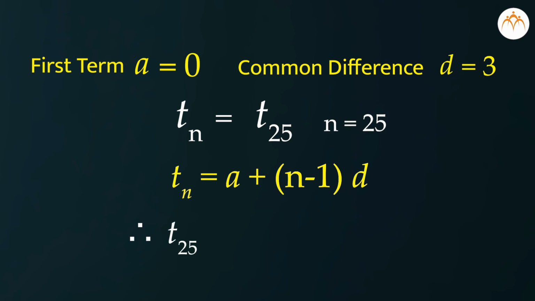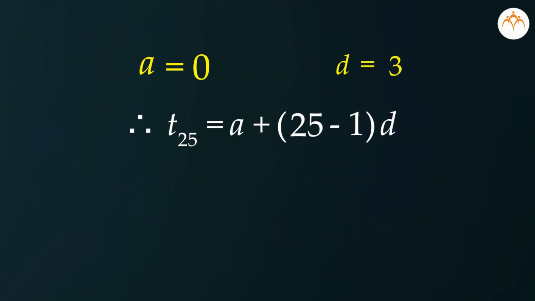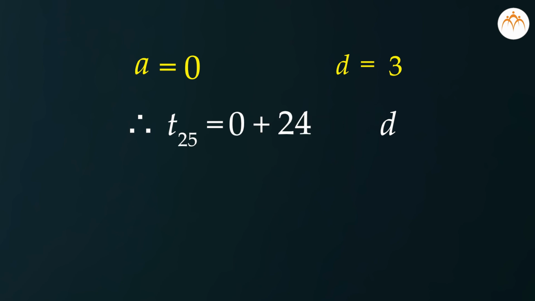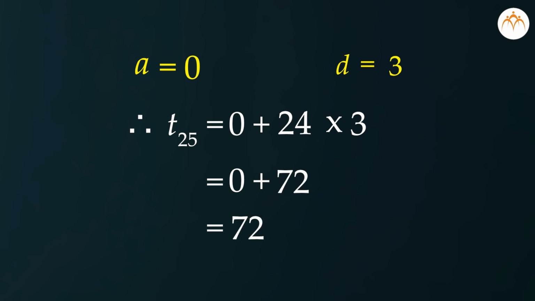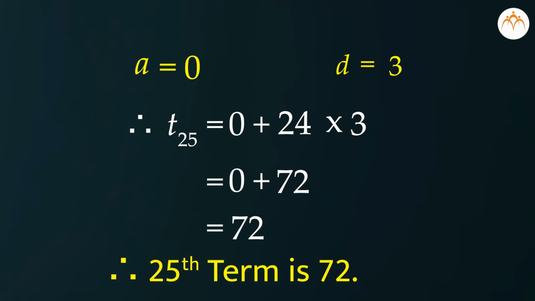Therefore, T25 is equal to A plus 25 minus 1 into D. Substituting A is equal to 0 and D is equal to 3, T25 is equal to 0 plus 24 into 3, which is 0 plus 72, which is 72. Hence, the 25th term is 72.